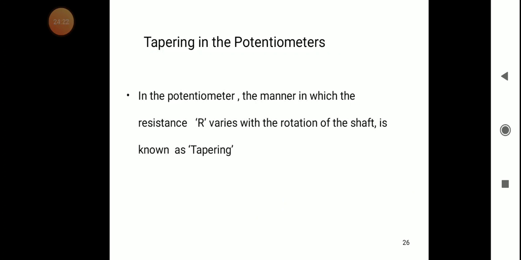In the potentiometer, the manner in which the resistance R varies with the rotation of the shaft is known as the tapering.